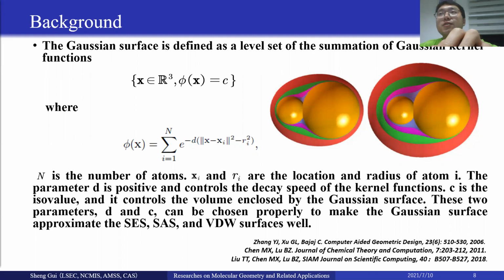C is the iso value, and it controls the volume enclosed by the Gaussian surface. The two parameters, D and C, can be chosen appropriately to make the Gaussian surface approximate to the SES, SAS, and the VDW surface.